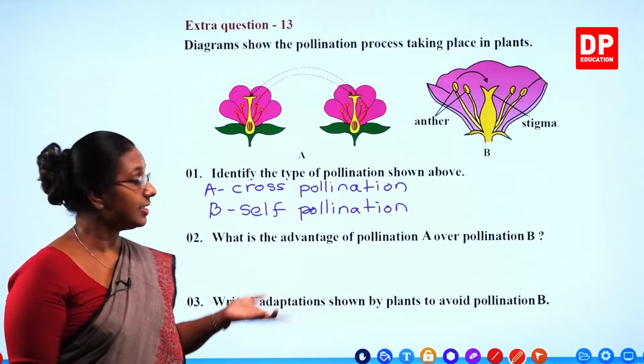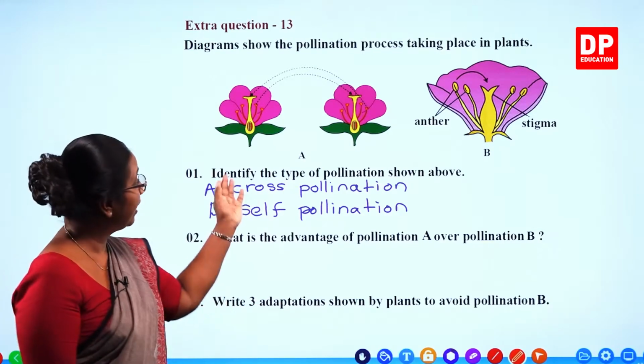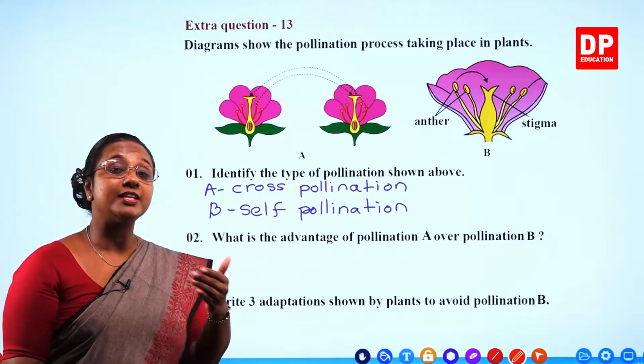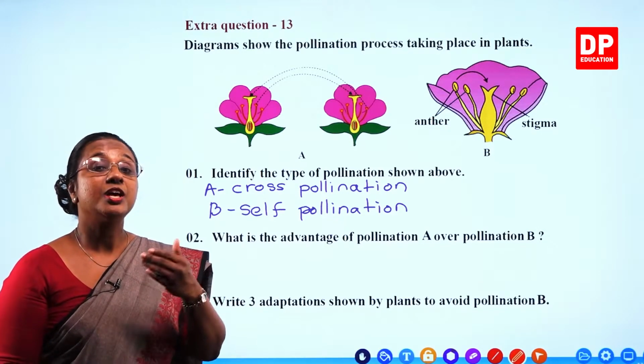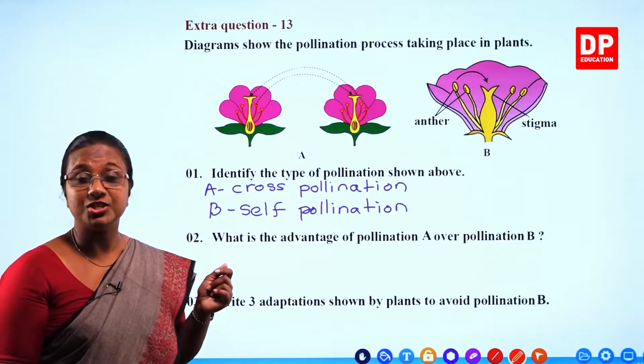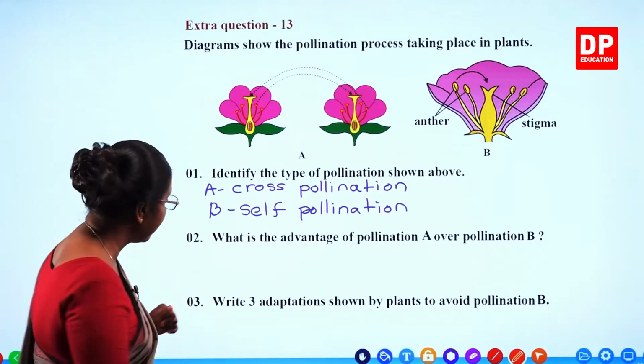What is the advantage? I told you all before also, when there are two flowers involved, there is a chance of characters mixing together. So then of course, very strong new generations can be produced. That is the advantage.